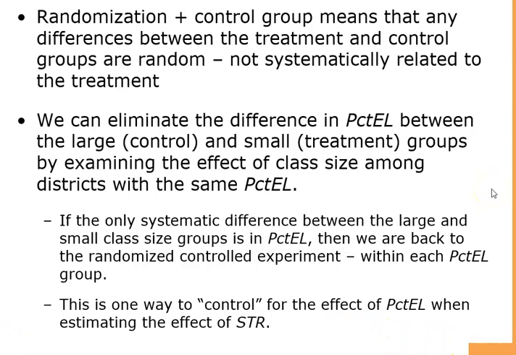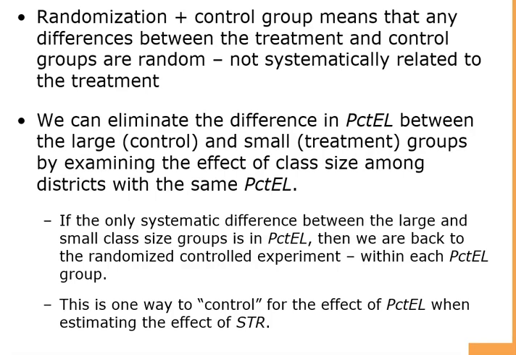This simply means that if we divide the sample between the different percentages of English learners in the school district, and we actually run regressions for each of those subsamples like it was shown in one of the earlier tables, we can probably get to see the effect of student-teacher ratio on test scores between different subsamples of population, meaning for different subsamples of the different levels of percentage of English learners in the school districts.